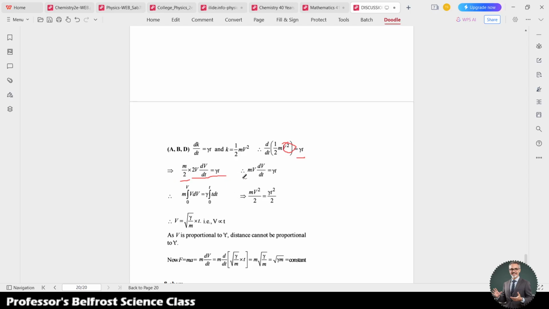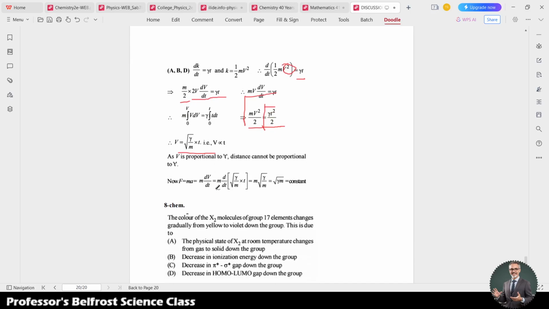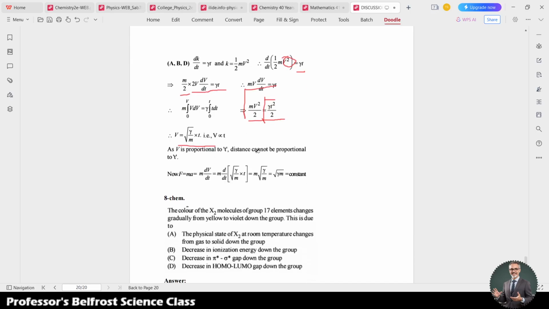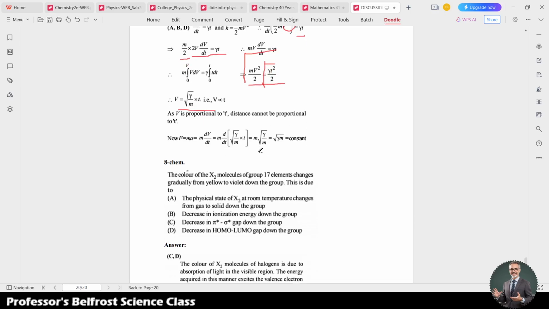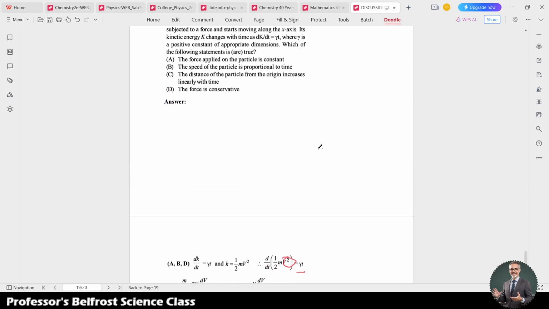So m v dv/dt equals gamma t, and then you take the integral on both sides, and you produce this. Then you take the square root on both sides and find out that v is proportional to t, and this cannot be proportional to t. Now F equals m a, and a is dv by dt, right? Acceleration is the change of velocity by time. So you get this. It means that a, b, and d are correct.